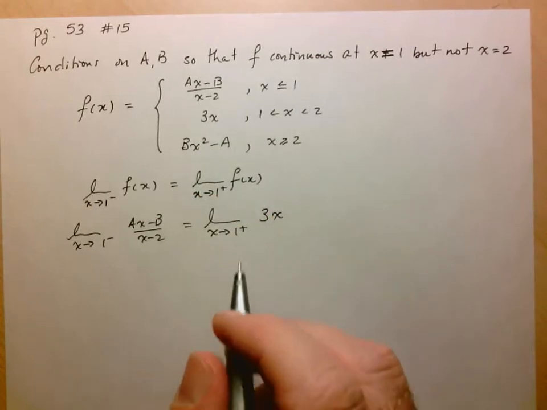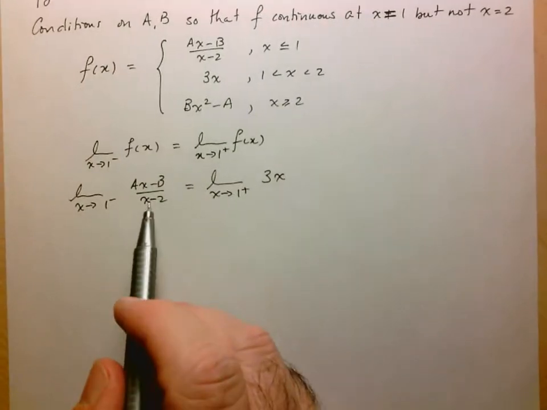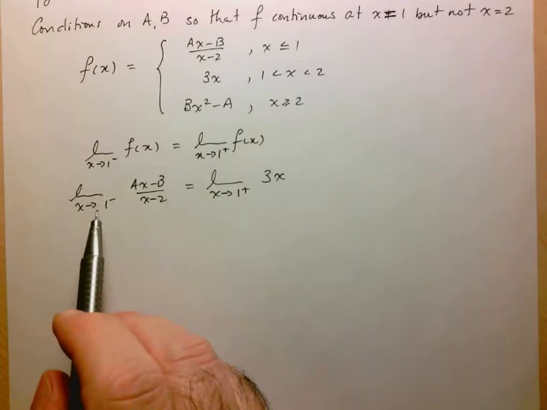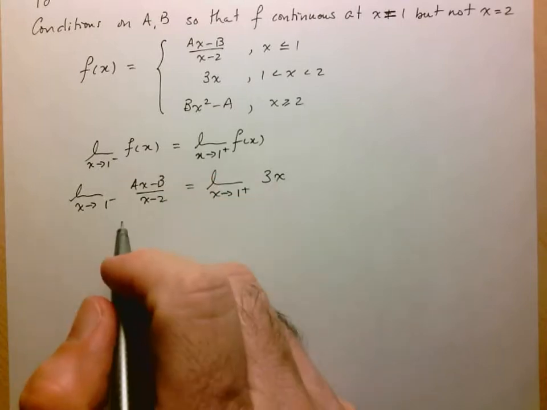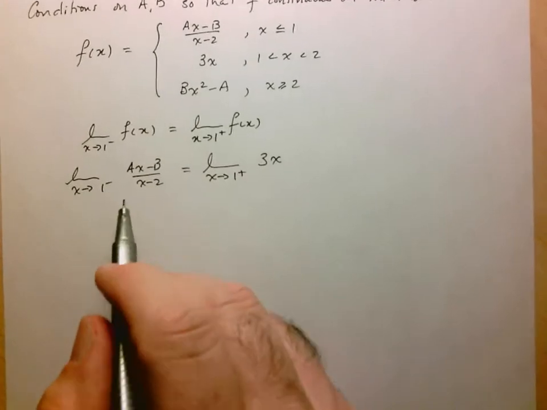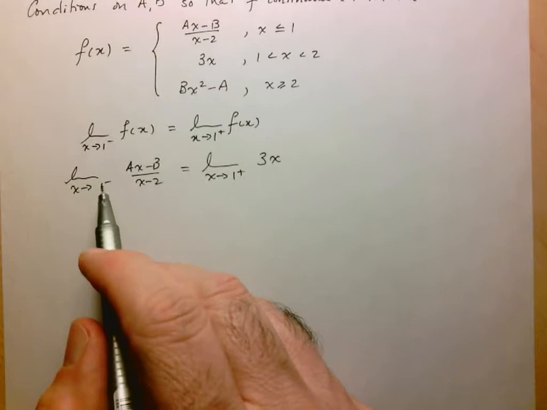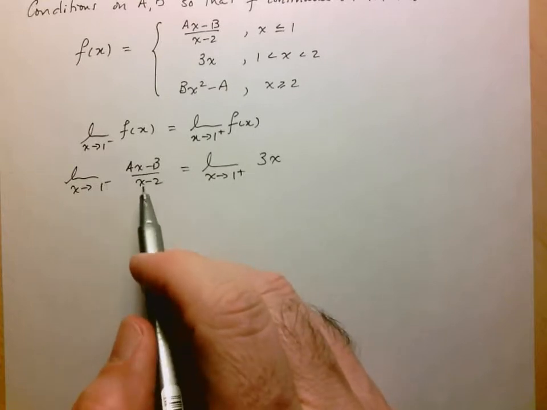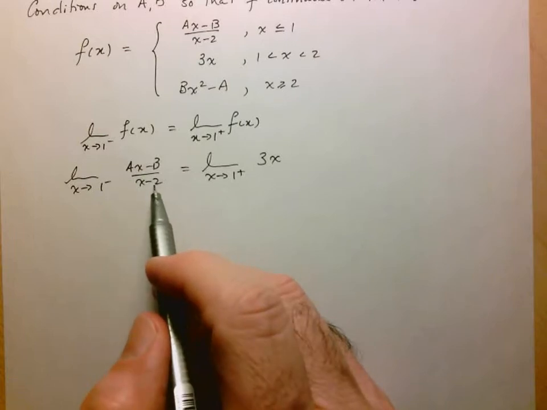Okay, now these are both fairly nice functions, because while this does have a vertical asymptote, it doesn't have an asymptote at the value at which we're approaching. So in terms of our limit properties, since the limit exists for both of them, I could take the limit of the top and divide that by the limit of the bottom.